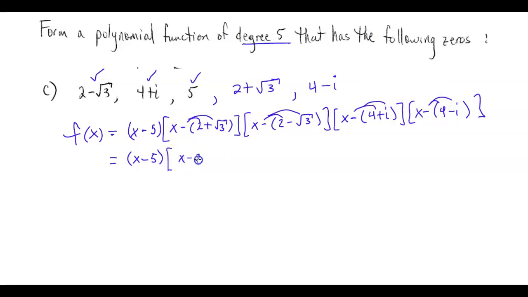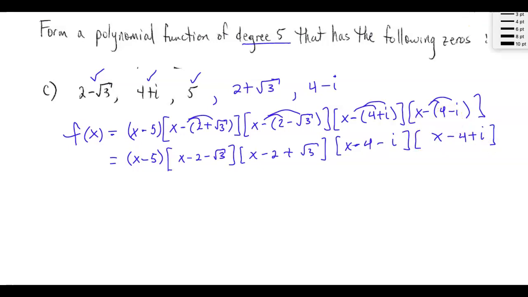So we'll have x minus 2 minus square root of 3, x minus 2 plus square root of 3, x minus 4 minus i, and then x minus 4 plus i. And of course, here we want to group the x minus 2's and the x minus 4's together.